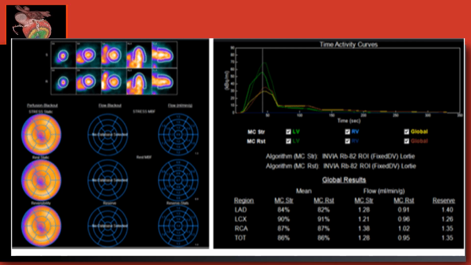You're capturing the bolus as it's going through the heart and then being taken up by the myocardium. The images you see here are as it's making that first pass through the ventricle.